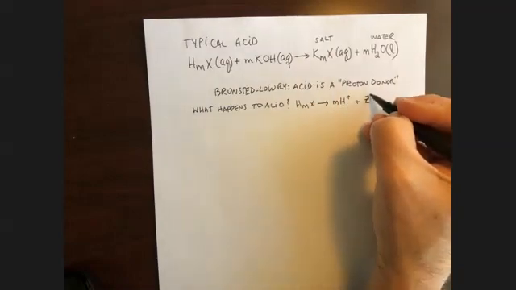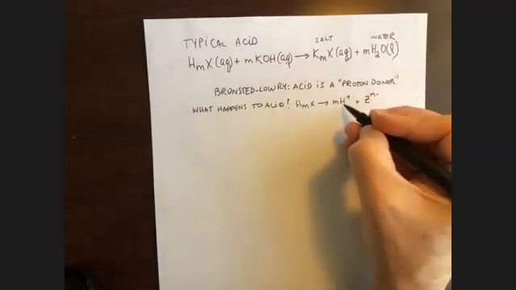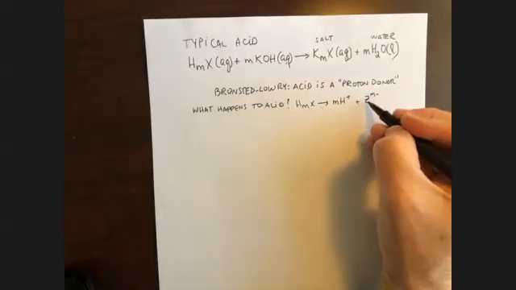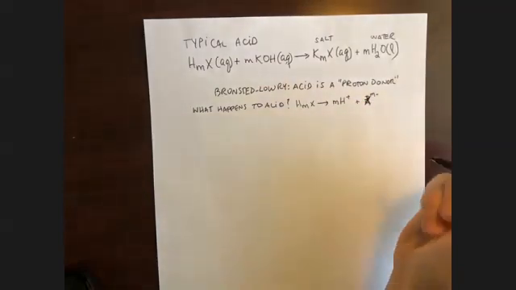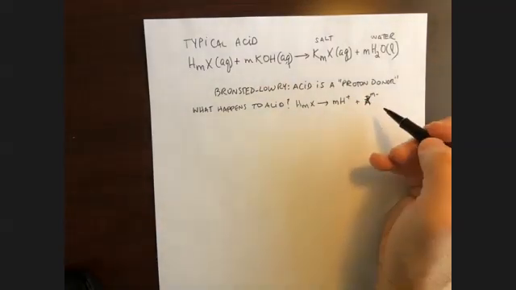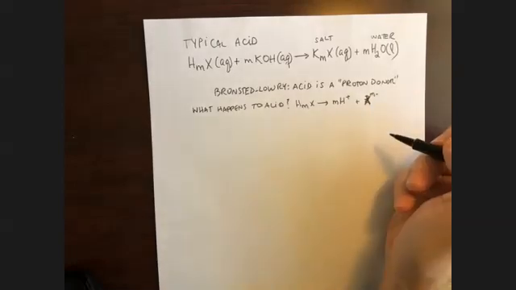So let's call it M minus. So if this had been H2X, then this would be X. Sorry, I have Z there for some reason. X would have a charge of -2 in that case, for example, right?